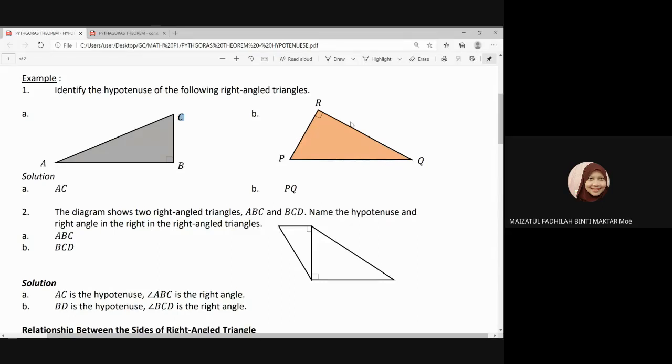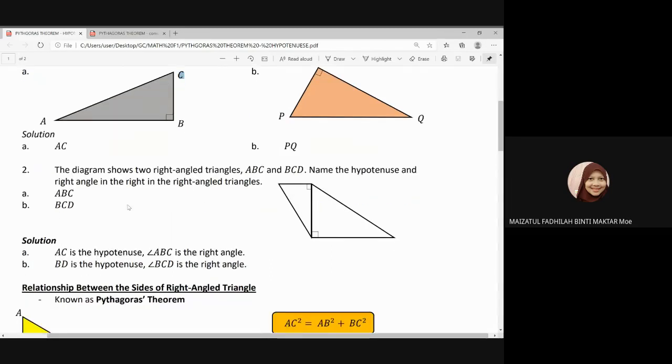For example, this is PQR, so you can state or write down R only if given on the side. If not, you can state what has the label on the vertex there to define the hypotenuse of the diagram.